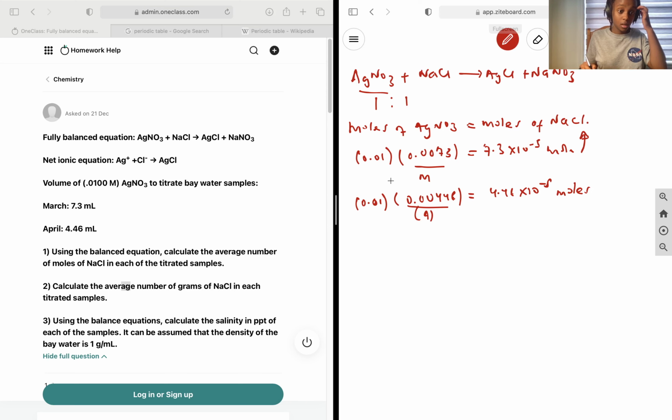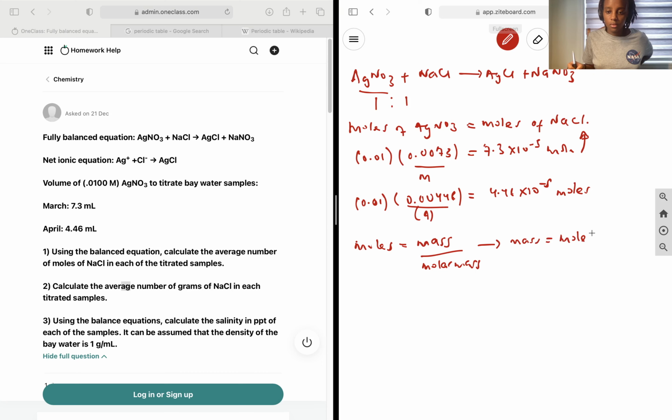We want to find the average number of grams of NaCl in each of the titrated samples. And so we know that moles is equal to mass over molar mass. So the mass, of course, is equal to moles by the molar mass. Let's just put that down.